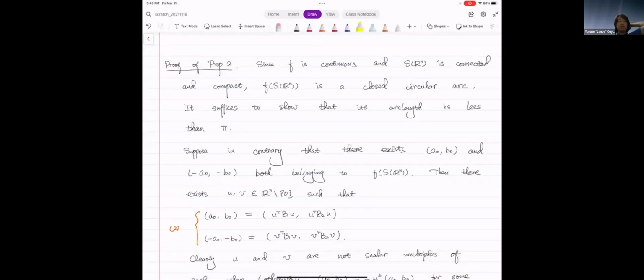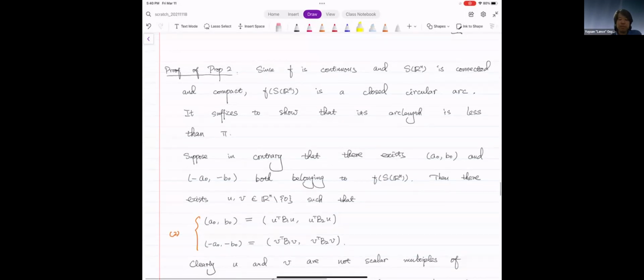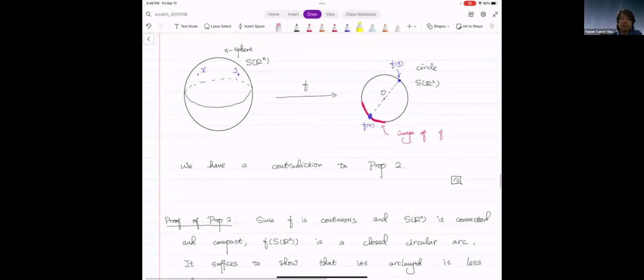This proof is still done by contradiction, and it's exactly the same kind of contradiction that we used previously. So the proof is going to be the following. The first step is we need to show that this is a closed circular arc. Okay, the image has to be proved to be a closed circular arc.